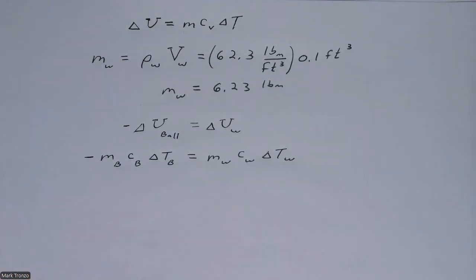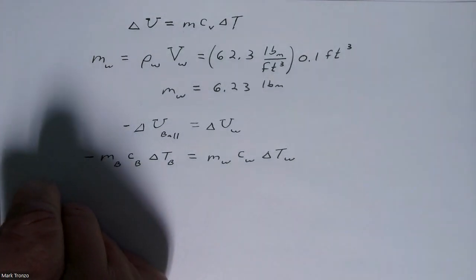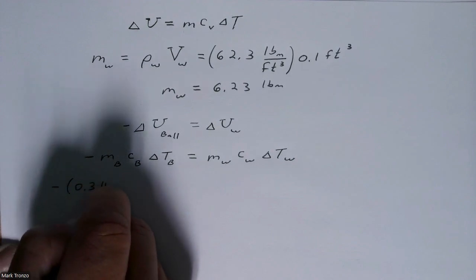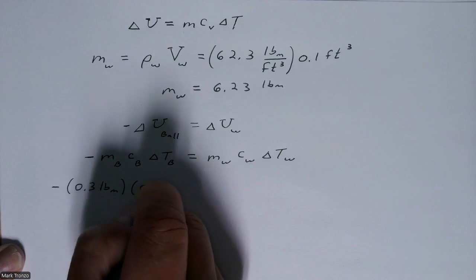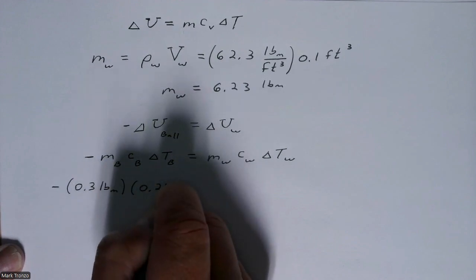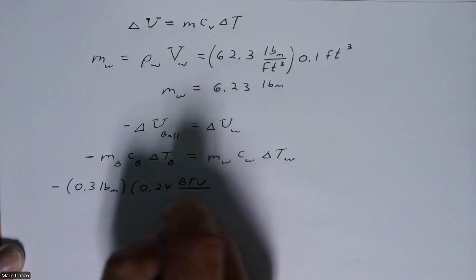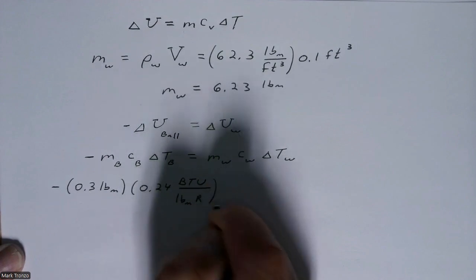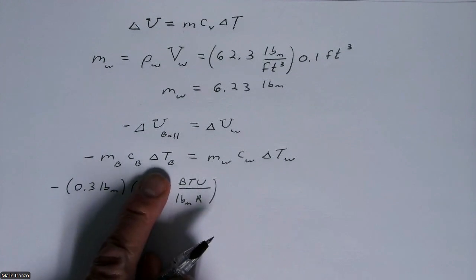And so now we can fill in some of these numbers. We know that the mass of the ball was 0.3. CP of the ball was this. And by the way, it doesn't matter if we have an R here or an F here because it's going to be the difference in the temperatures.